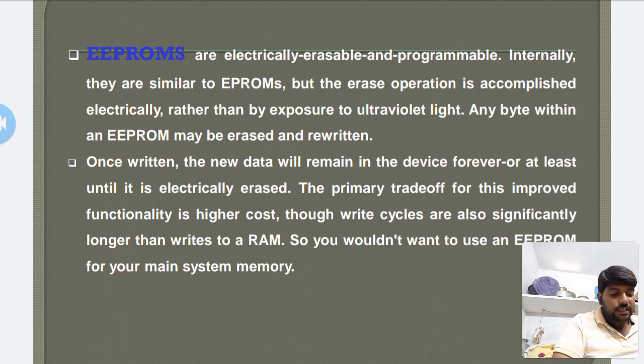The name indicates that the information contained in the EEPROM can be altered using electrical signals at the register and byte level. They can be erased and reconfigured in the circuit. These chips include a chip erase mode, and in this mode they can be erased in a few milliseconds.